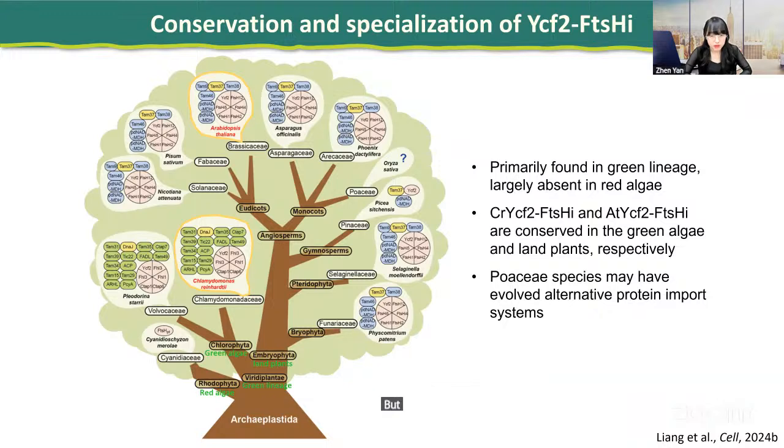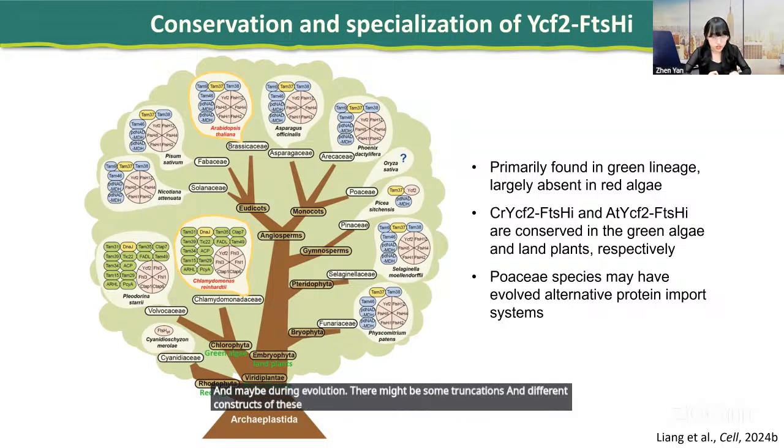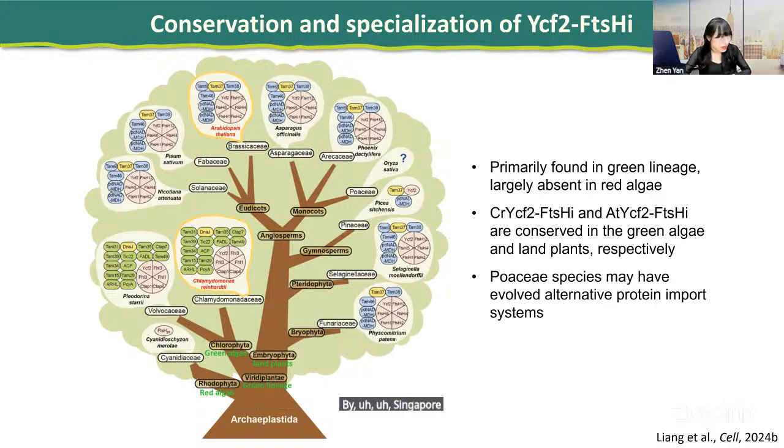But the other components like YCF1 and YCF2, I think, we know that these two proteins are quite large, and maybe during evolution, there might be some truncations and different constructs of these two genes, so that now we cannot identify them by simple sequence alignment or something else. So it is interesting, but now I cannot give a clear answer to this question.